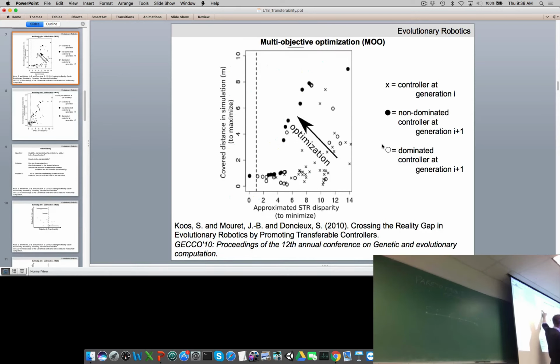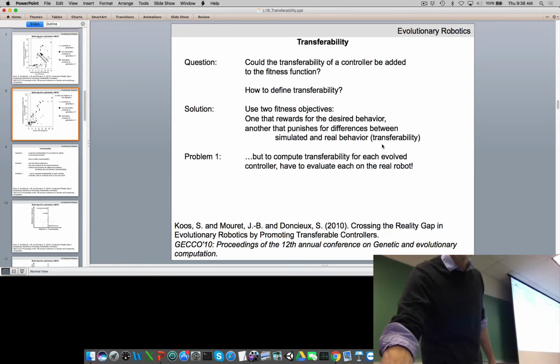Give us a fast virtual robot, and, because they're up here, to the left, they're likely to have low disparity. They're likely to also produce a fast physical robot. So far, so good? Like the Resilient Machines project, they went back and forth a few times.